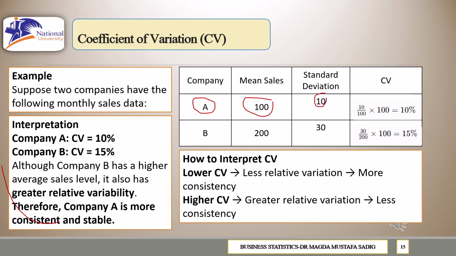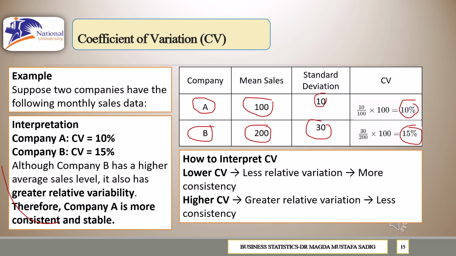So the CV is equal to 10 divided by 100 multiplied by 100, which is 10%. While company B has mean sales of 200, and standard deviation is 30. So we divide 30 by 200, then multiply by 100, and we have 15%, respectively.